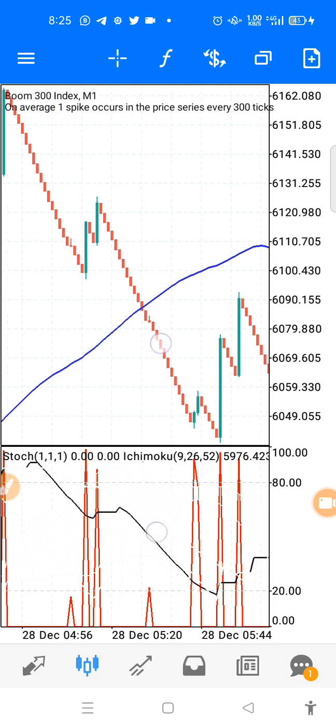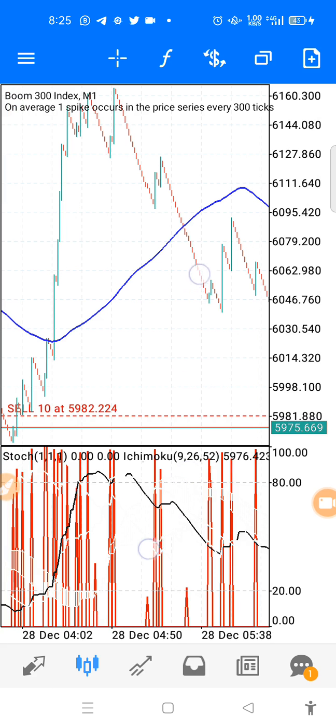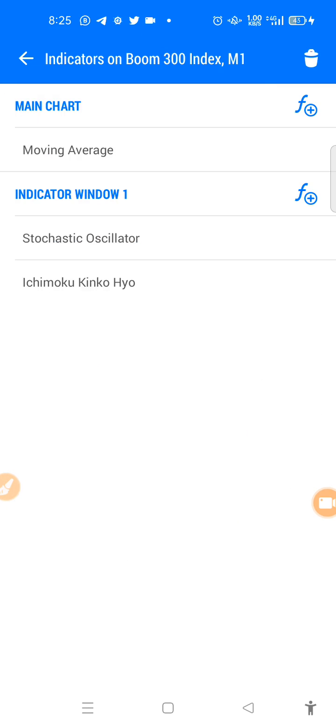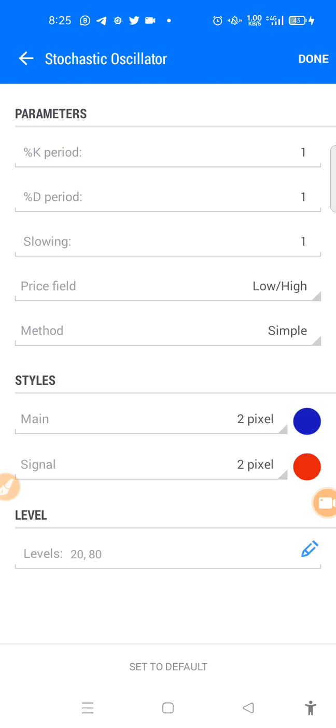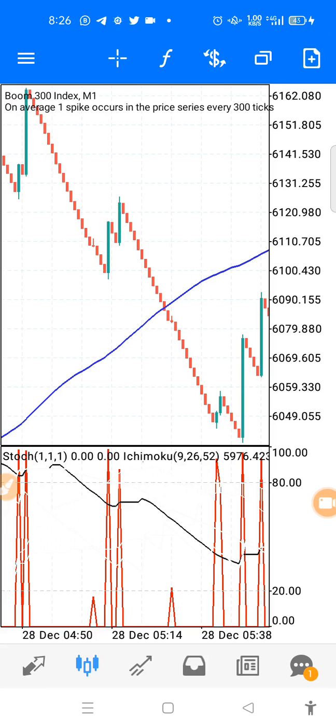The only issue I'm having with the stochastic now is that it is supposed to show 2 colors, for the main and the signal, because we have the red and the blue. So I don't know why the blue is not showing. Alright, so let's just use the ichimoku and the stochastic.